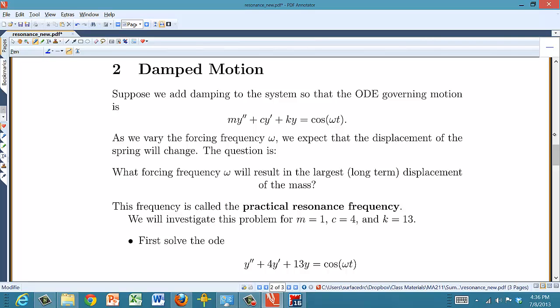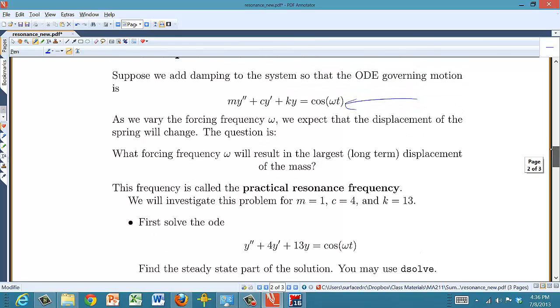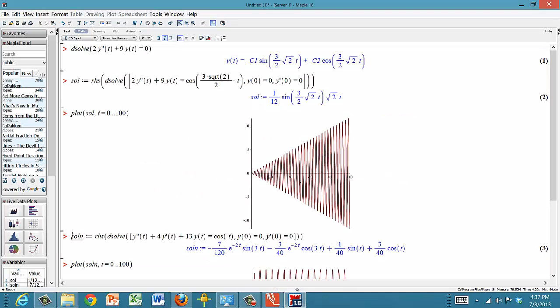So now I have a damped system, mass M, damping C, spring constant K. I'm going to force it at these different frequencies, and we'd like to see what happens. And just like above, if you force it at one frequency, we'll get somewhat different behavior of the solution than if I force it at a different frequency. So let's just do a couple examples of this.